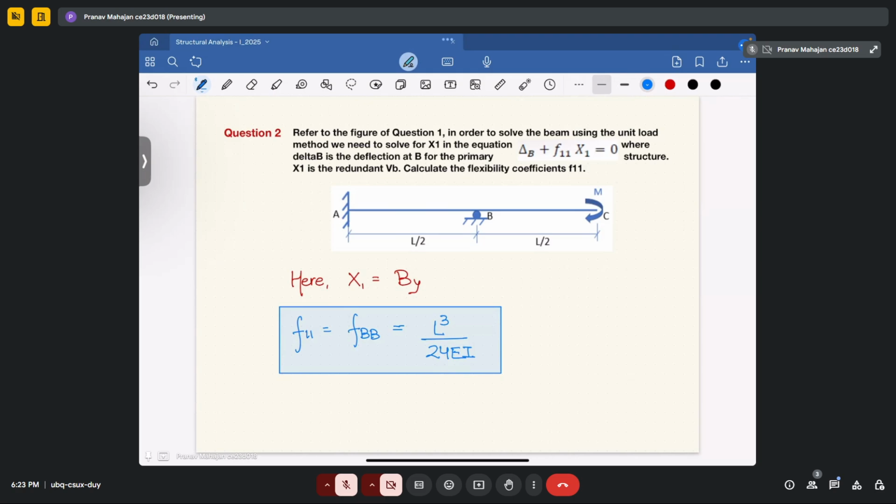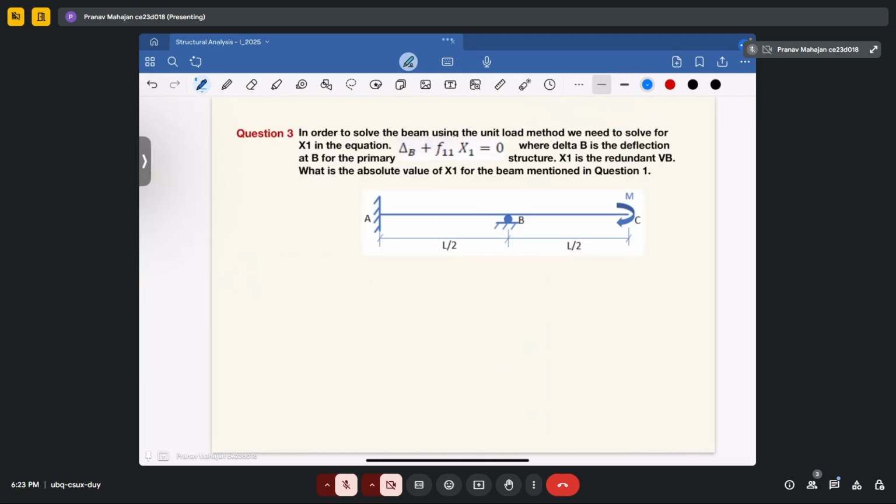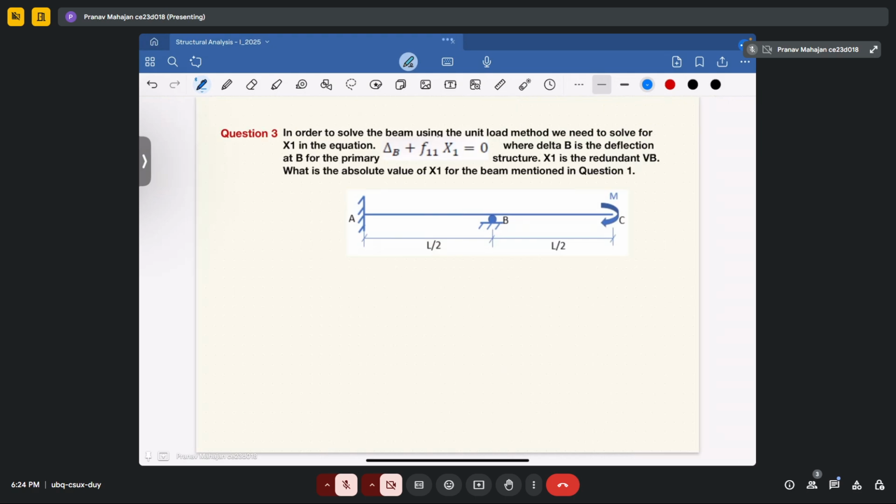Now, what is your next question? This is also a continuation of the previous question. Now in this question, it is telling you to calculate the absolute value of H1 as mentioned in the previous question.